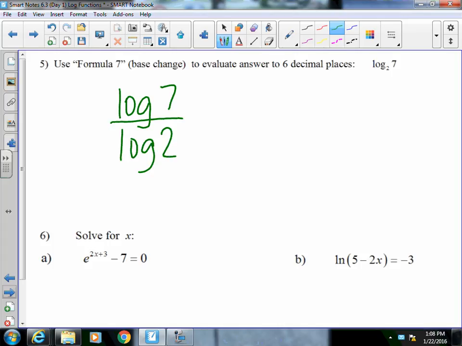If you've got questions on that, glance back to formula 7. Actually, the base change rule, we've numbered it number 13. The book refers to it as formula 7. I'm not sure why, but rule 13, you can type that in your calculator and you find out that it equals 2.807355.